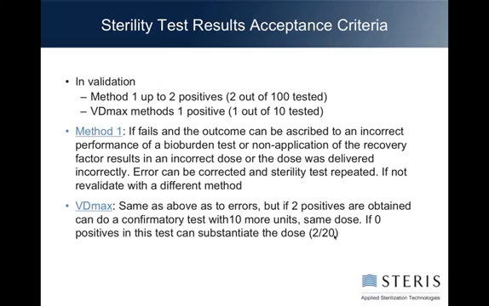You wouldn't be able to just repeat method 1. With the VD max methods, you do have a little bit of a do-over. If you get 2 positives instead of the 1, you can repeat the test with 10 more samples at the same dose, but that second test, which is called a confirmatory test, can have 0 positives. If you think about it, the difference between 1 in 10 and 2 in 20 is the same thing.